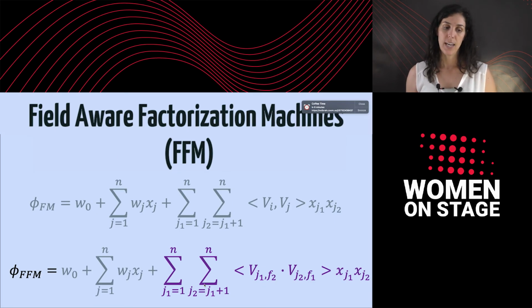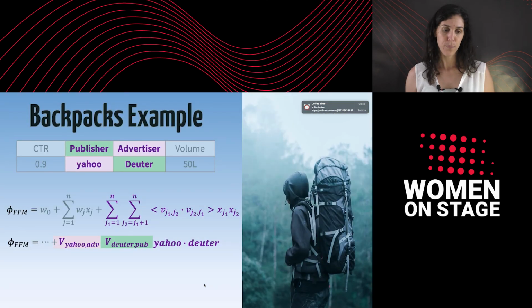We can see that in the upper equation, we had our equation of the FM, and then we had a vector combination. But FFM uses a vector with its corresponding field to make the predicted CTR much more accurate. Let's look at the example to make it clearer.